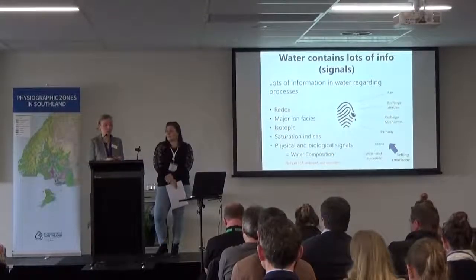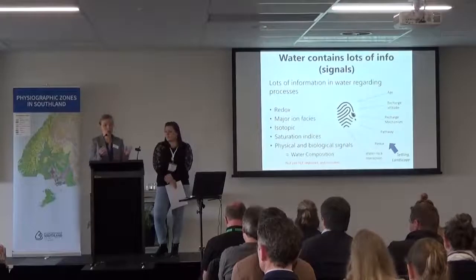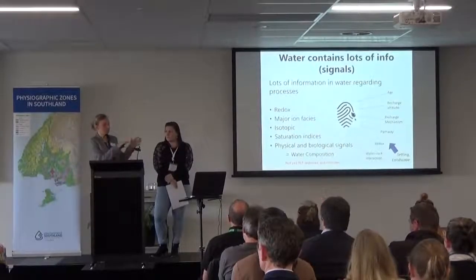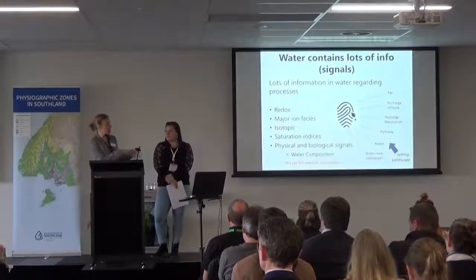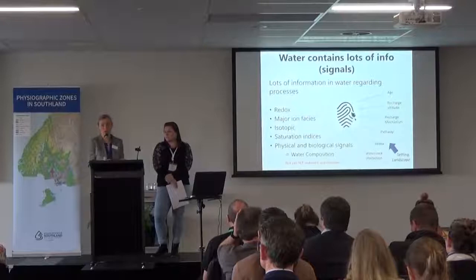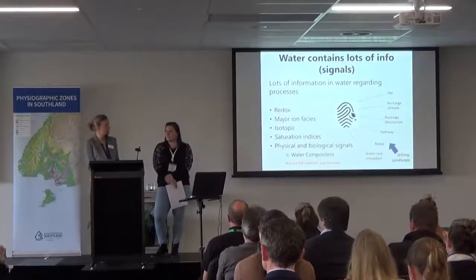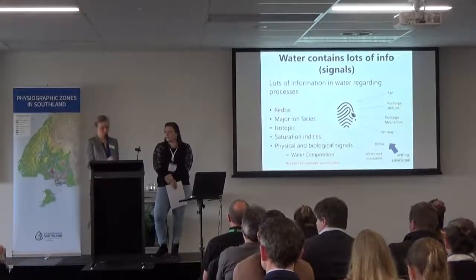And with that, you can infer the composition of water or water quality at any point spatially. And that's exactly what the physiographics project was about, by trying to link the landscape setting with the processes and sources. And we used the hydrochemistry to inform us how to do that.